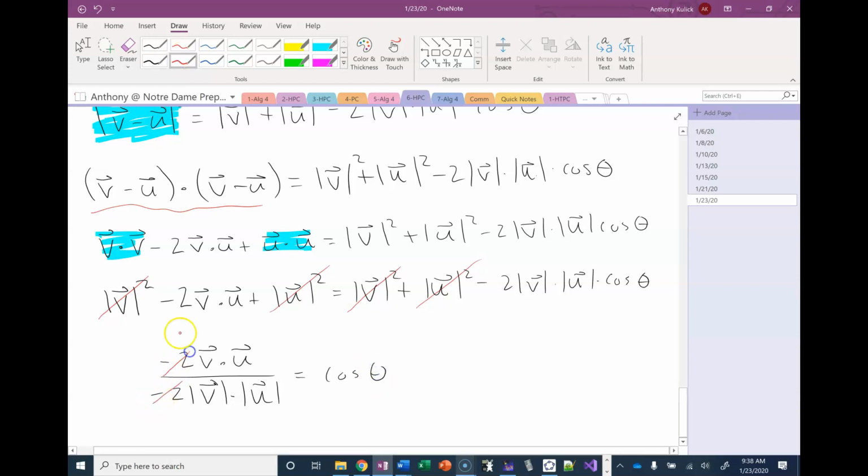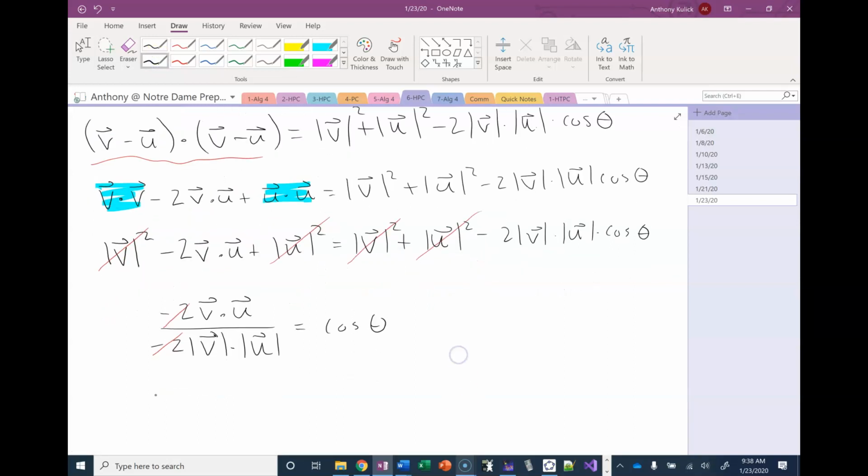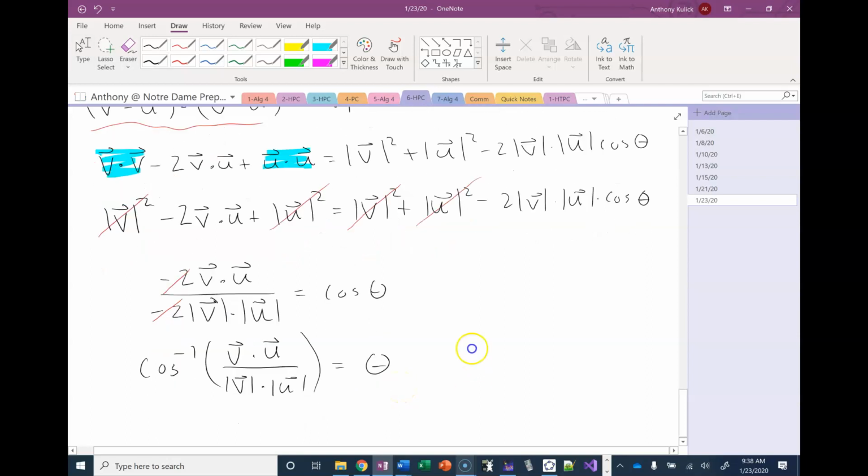So we notice there the -2's will reduce. And then if I just take the cosine inverse of both sides, I'm left with the formula: theta equals cosine inverse of v dot u over the magnitude of v times the magnitude of u.